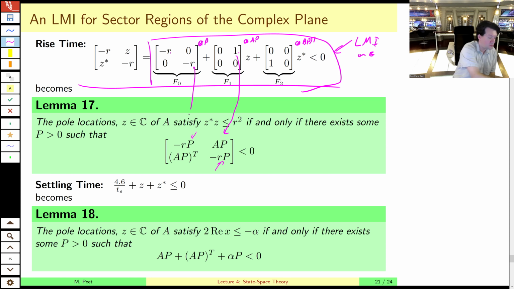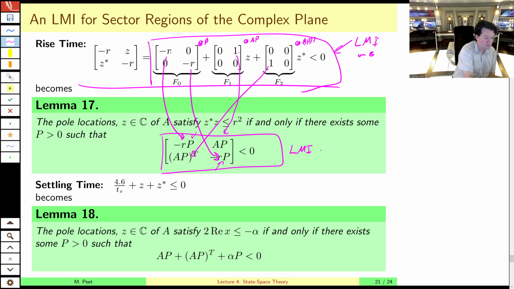This term goes there, this term goes there. And this term, there's only one element, and it gets multiplied by AP transpose, and it pops up there. So we now have an LMI in A for the rise time constraint.